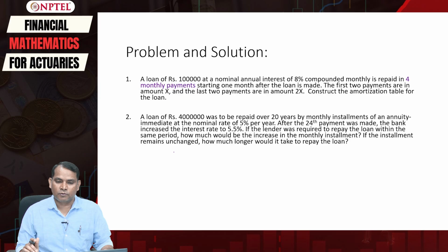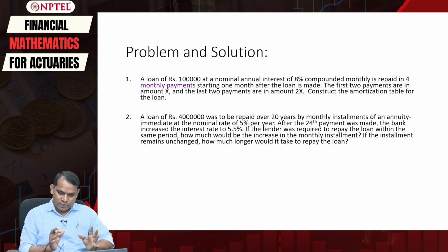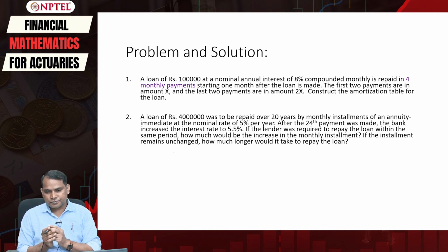Now let us use both the retrospective method as well as the prospective method, because we have already understood earlier, and we can see that they give very similar answers.